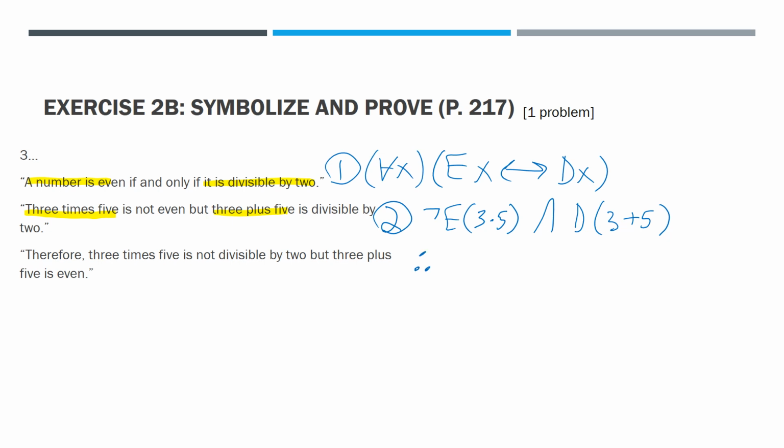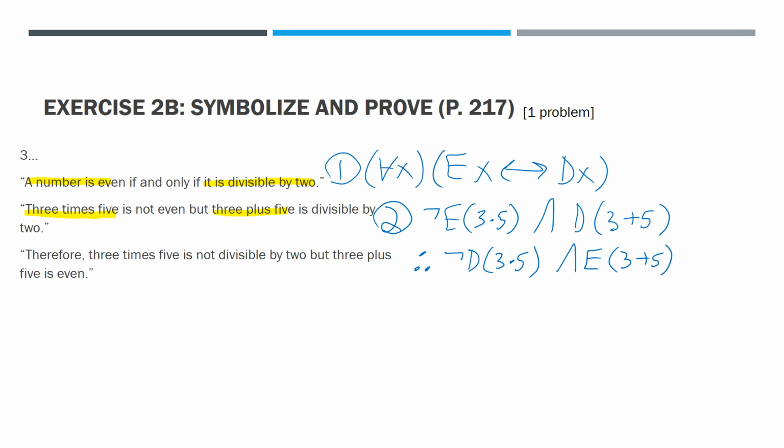Conclusion, therefore, 3 times 5 is not divisible by 2, so not D 3 times 5, but, or in other words, and 3 plus 5 is even, so and E 3 plus 5.